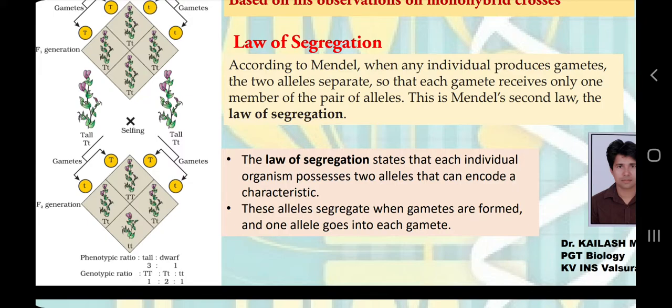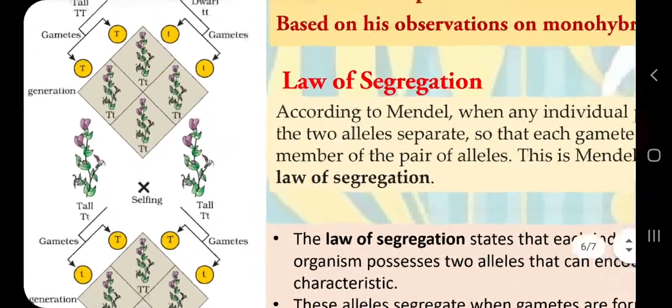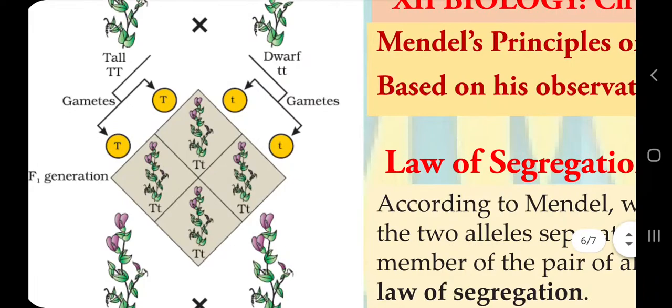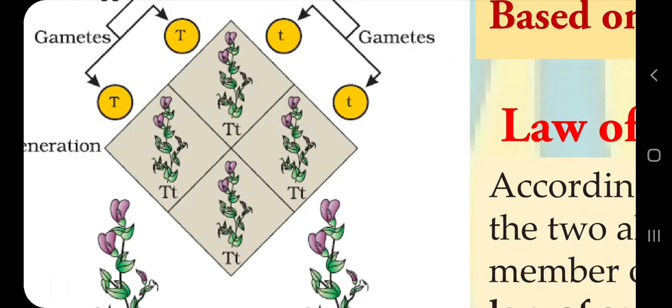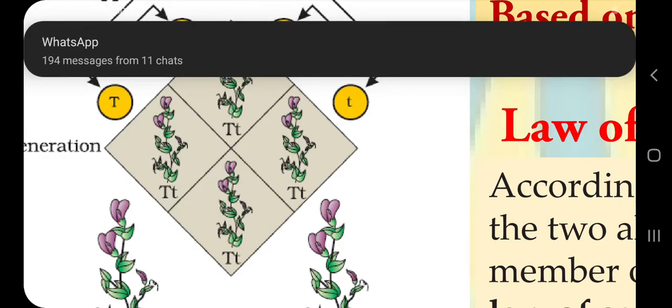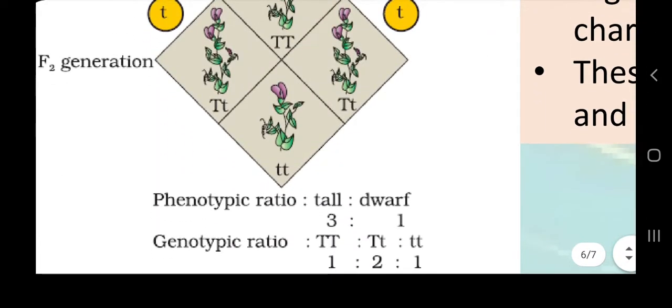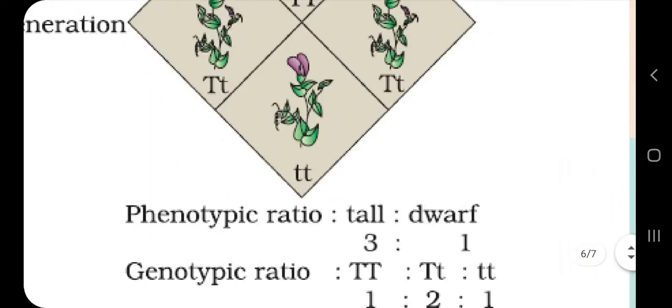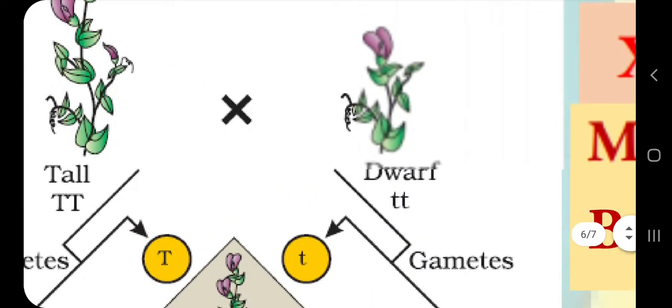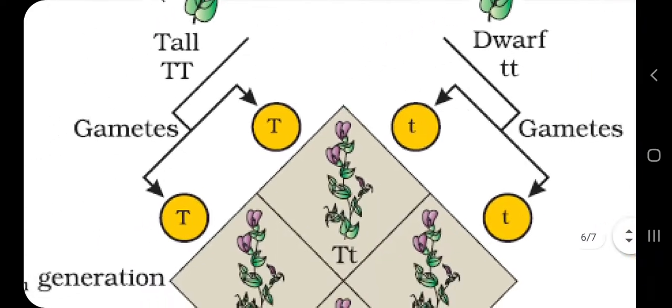So this is also called the law of purity of gametes, because this shows that although in the F1 generation only the dominant phenotype is showing, the recessive allele also has its own existence, and when it has a chance, it will express itself in the pure form. It means the dwarf plant we obtain in the F2 generation will be exactly similar to the parental generation. There will be no mixing of traits.